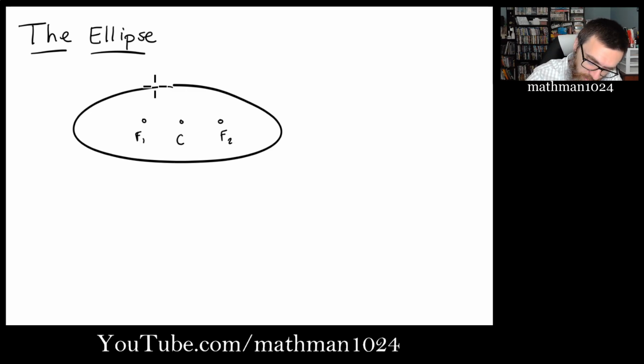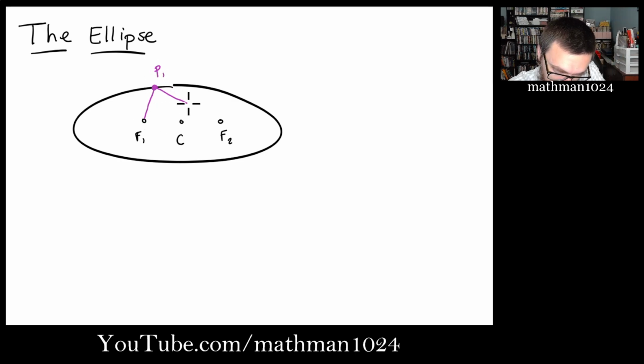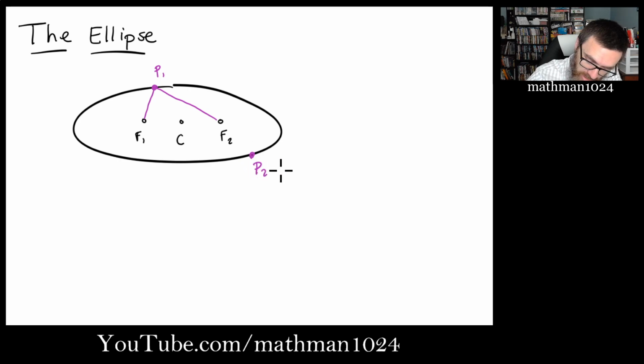And for any point that we have here on the ellipse, the sum of the distances from that point P to those 2 foci will be the same as the sum of the distances from any other point to these 2 foci.